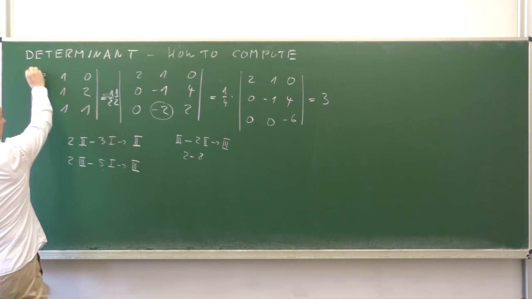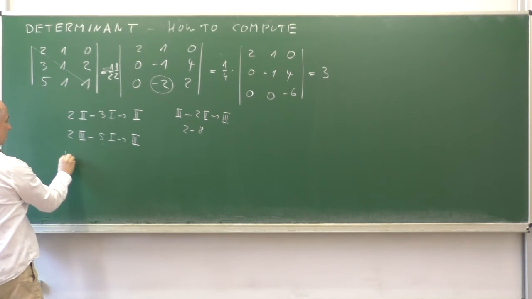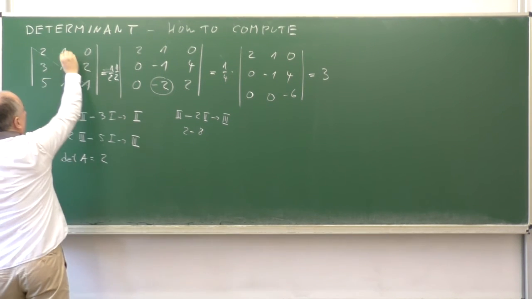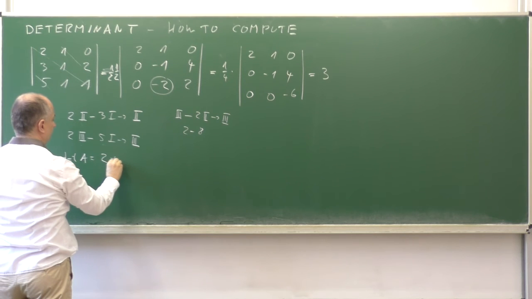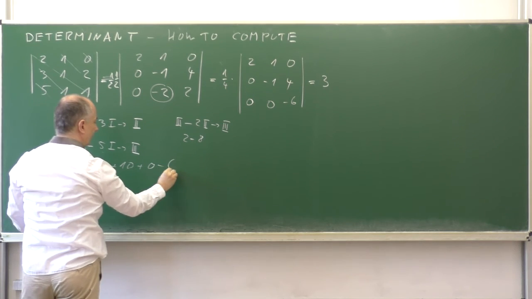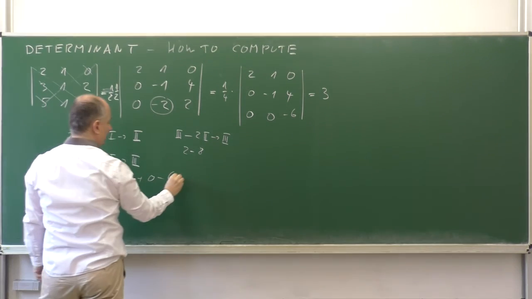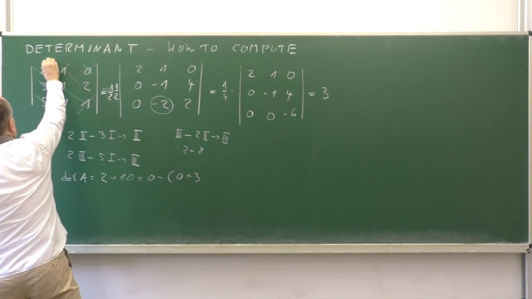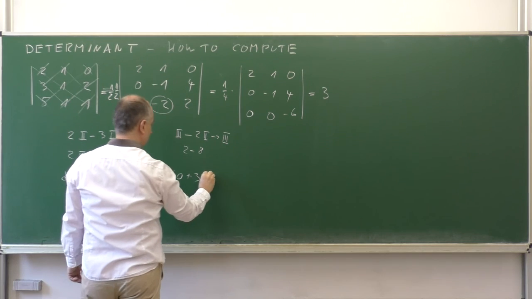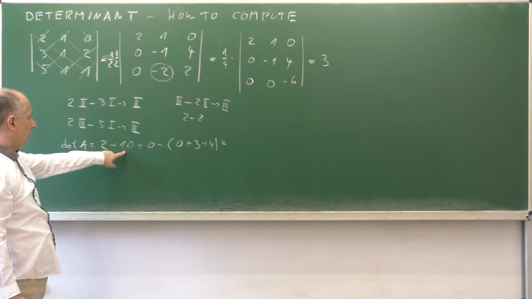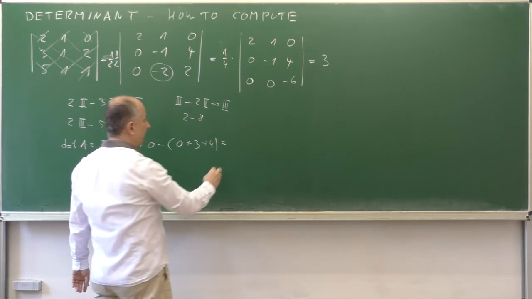We can use the Sarrus rule, namely to compute this product. 2 times 1 is 2, plus 10, plus 0, minus 0, 3, and finally 4. So we have 12 minus 7, which is 5.